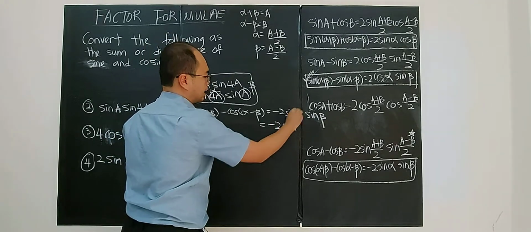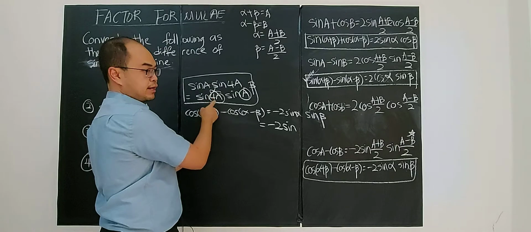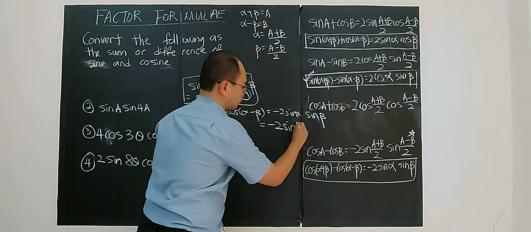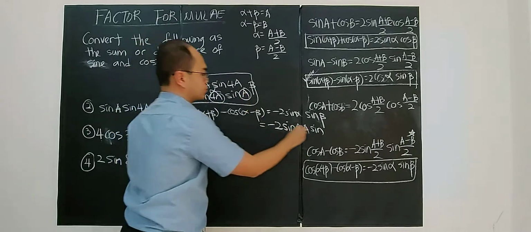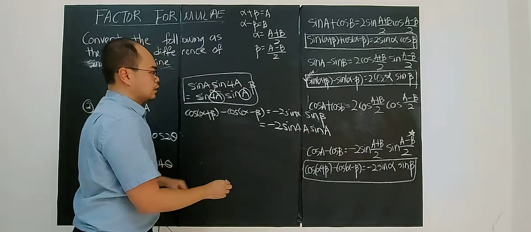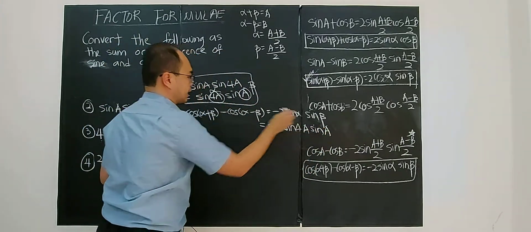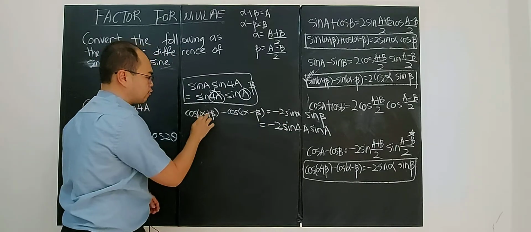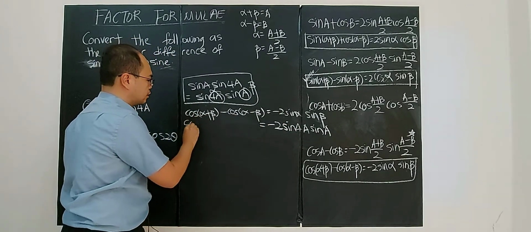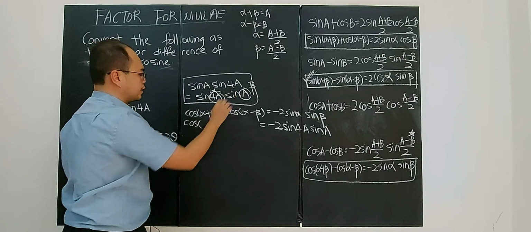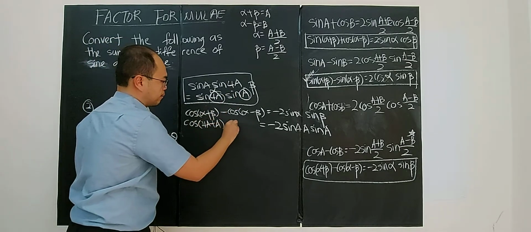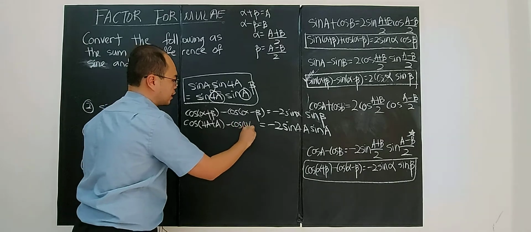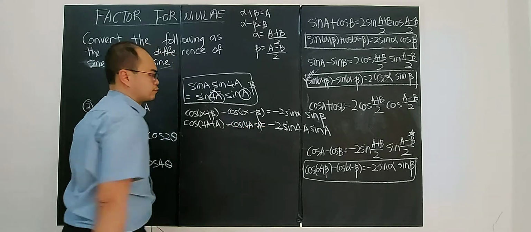So what is your alpha? Alpha is 4A, right? Alpha is 4A. So you put 4A. And beta is A. So you put A. Of course, if you put the alpha and beta here as sine 4A and sine A, the alpha beta here also you have to replace with 4A and A. So alpha is 4A plus beta is A, minus cos 4A minus A, right?